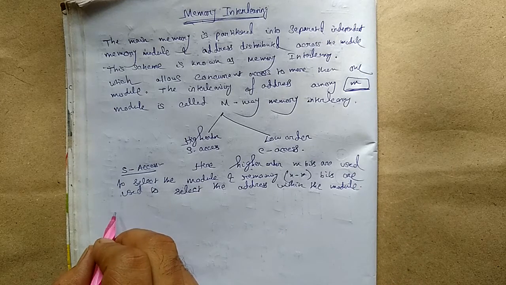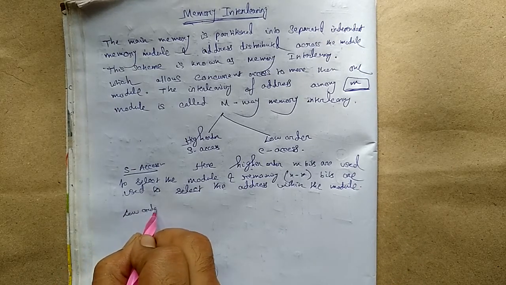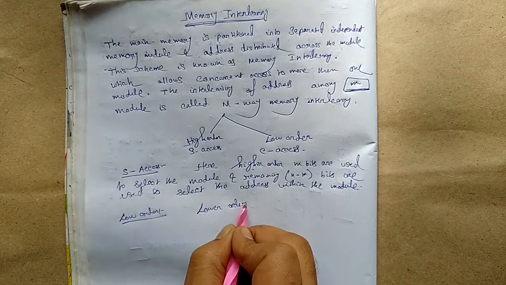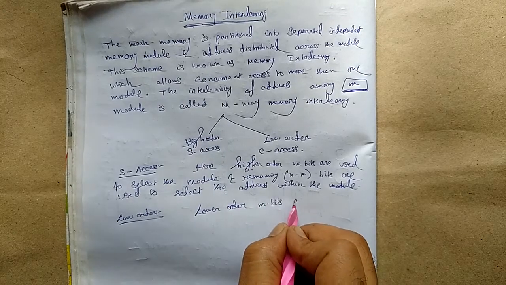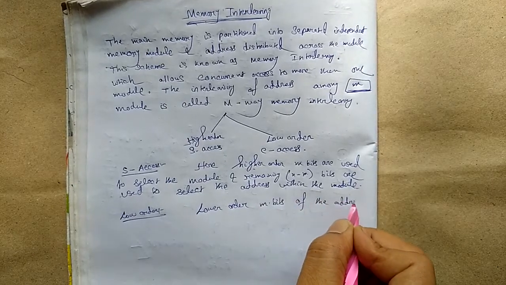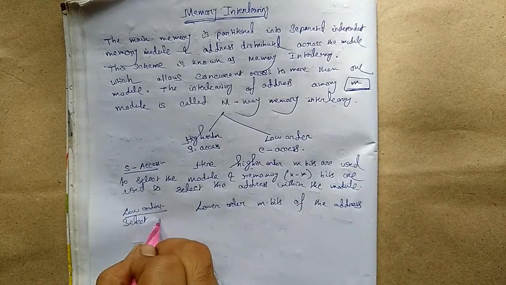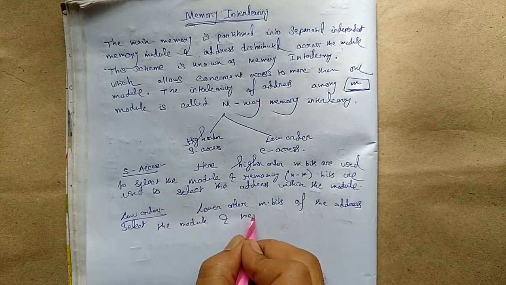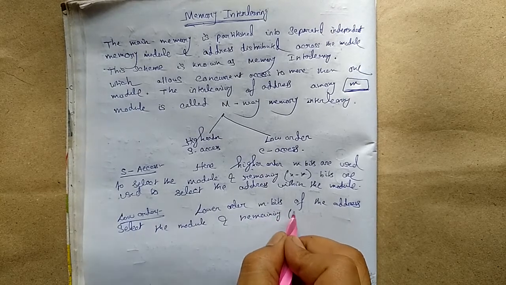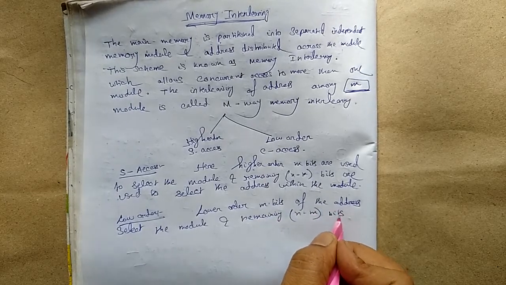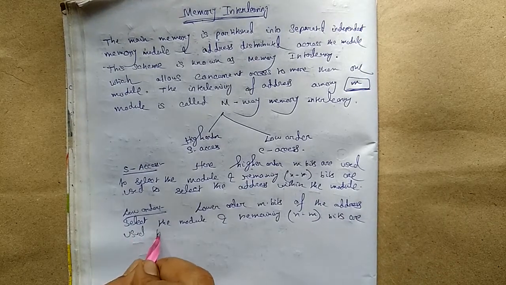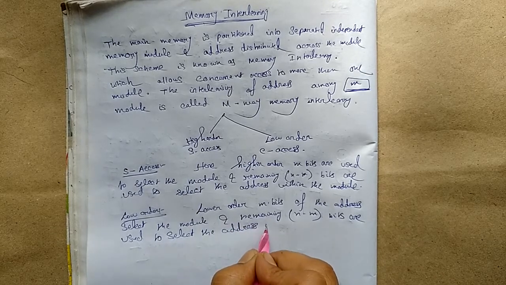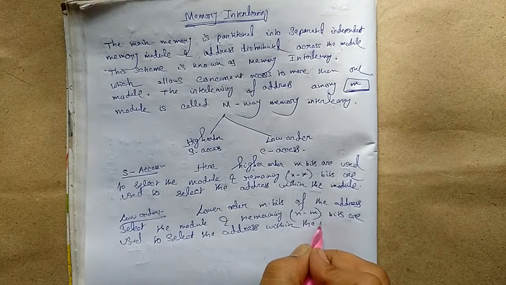Now, what is low order? Here, the lower order M bits of the address select the module, and the remaining N minus M bits are used to select the address within the module.